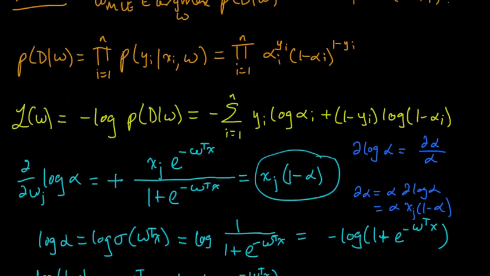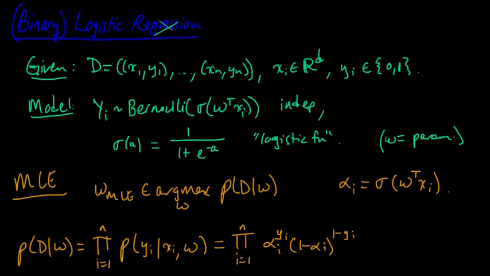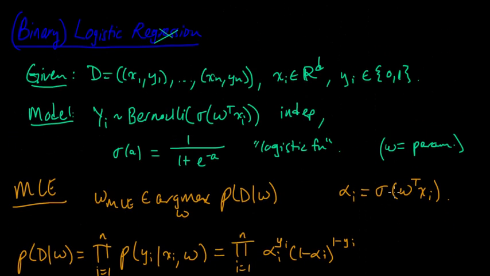And to remind ourselves, the alphas are sigma of something, and that's 1 over 1 plus e to the something. So this is always a positive quantity, and so sigma of something is always going to be positive, and it'll be non-zero. It's strictly positive.